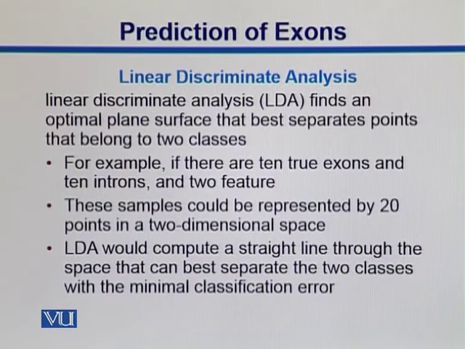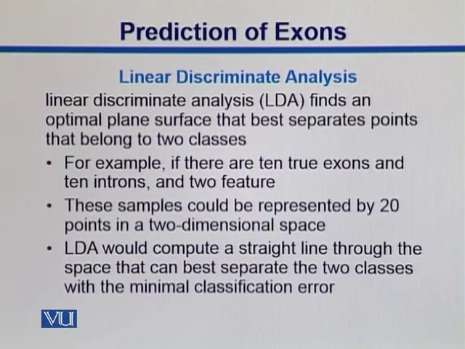That is where the analysis comes in, what we call linear discriminant analysis, commonly known as LDA. It finds an optimal plane surface that best separates points that belong to two classes. So for example, if there are 10 true exons and 10 introns, and we have two features, and we want to separate them, there are a total of 20 samples, 20 data points, and we can separate them in a two-dimensional space based upon two features.